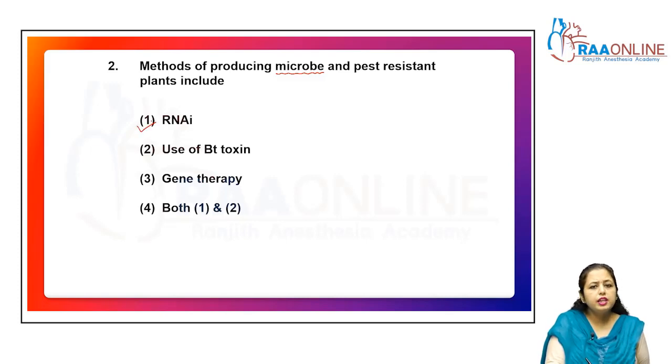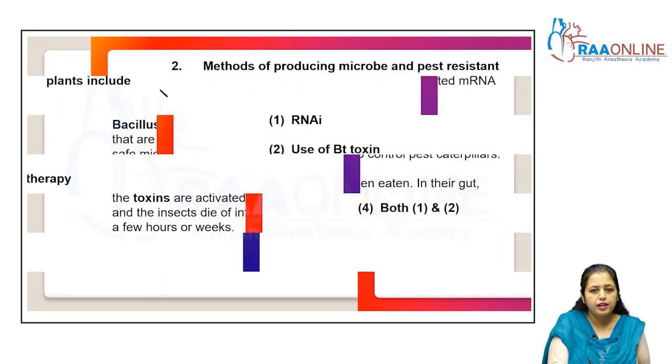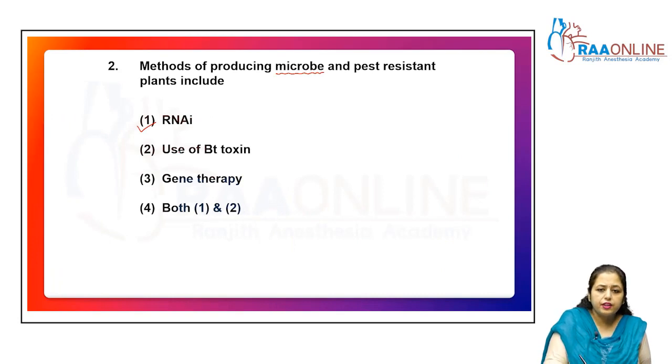That is the method for producing microbe and pest resistant plants. RNAi is RNA interference, right? Use of the Bt toxin, correct. Pest resistant plants, right? Gene therapy? No, gene therapy is not related with that. So the answer is both 1 and 2, right? How?